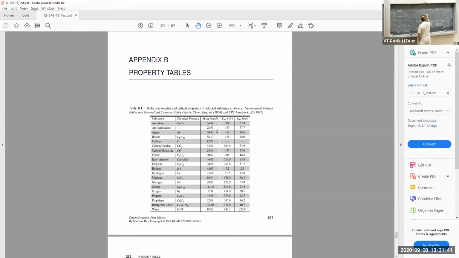5.23 kilograms, and U2 is equal to 214.07 minus 359.49. These both have units of kilojoules per kilogram. Notice the kilograms cancel out, and I get Q1 to 2 in terms of kilojoules.